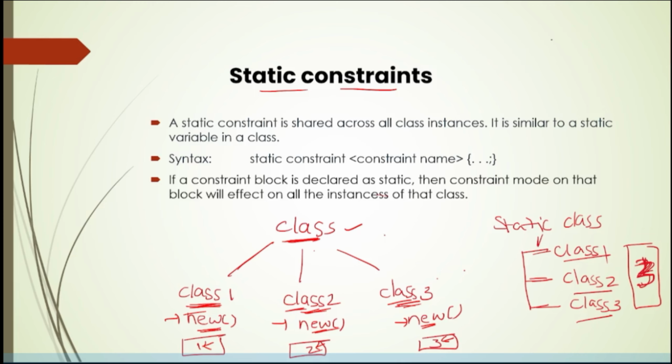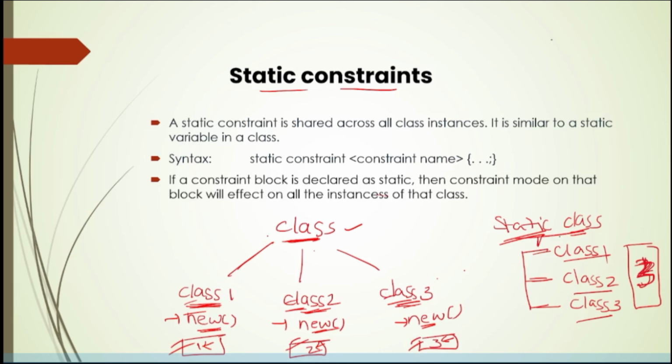Now if you do the same thing with a static class, the static class means that for whatever handles you are using, the same memory is shared among all these handles. Here, since this is not a static class, each handle has its own object and its own memory location.